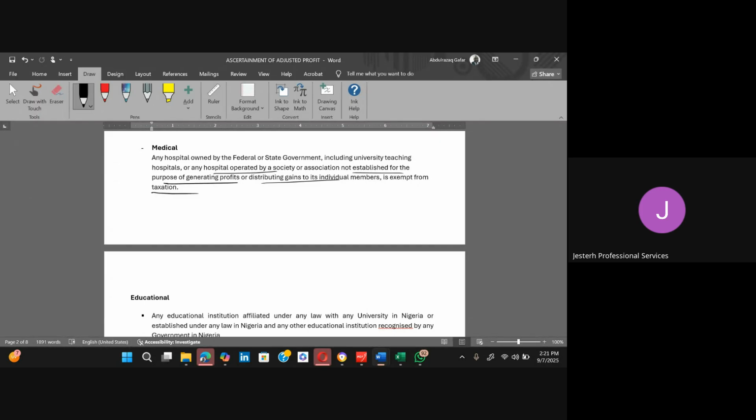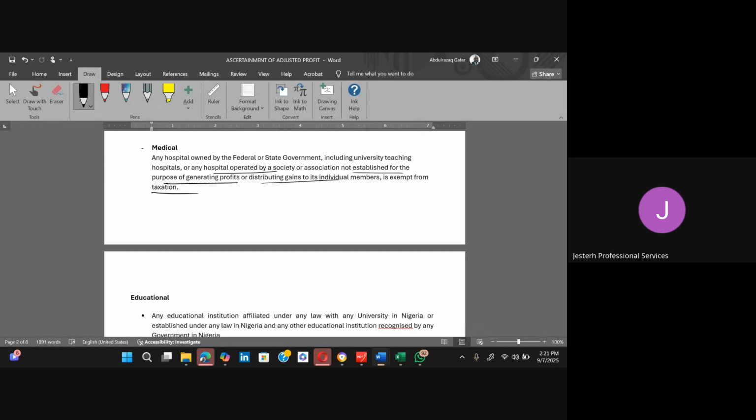We are not talking about a private hospital, but a government hospital, including teaching hospitals like Olabisi Onabanjo University Teaching Hospital and University of Maiduguri Teaching Hospital.